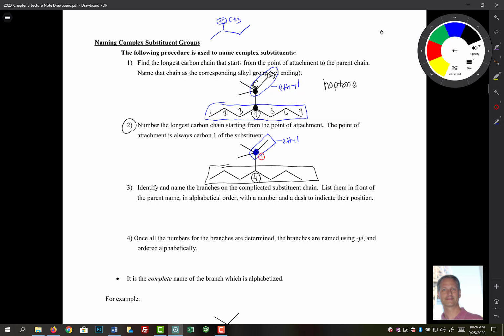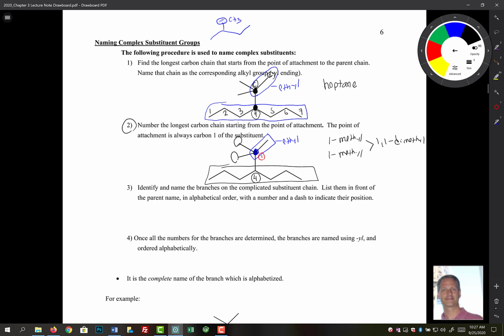And sticking off of number 1, we have 2 groups. We have a CH3 and another CH3. So those are methyls. We have a 1 methyl and another 1 methyl there. And then we combine those into 1,1-dimethyl.